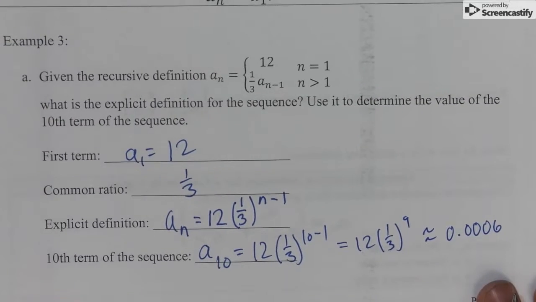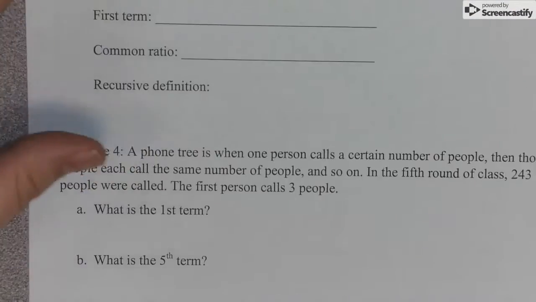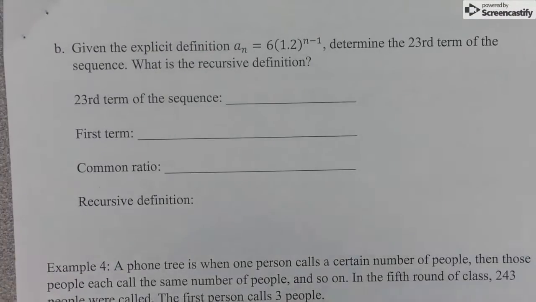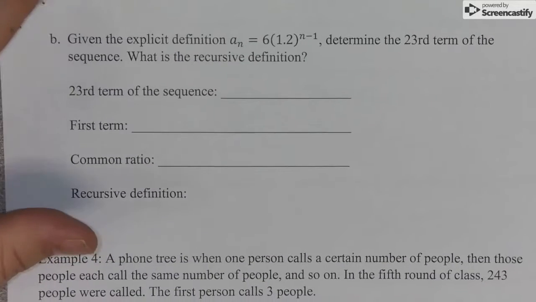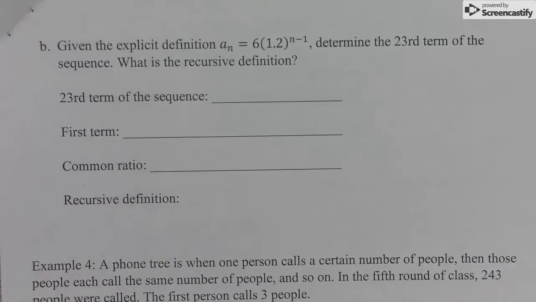Example 3b, on the next page, says, given the explicit definition A sub n equals 6 times 1.2 to the n minus 1, determine the 23rd term of the sequence, and then what's the recursive definition? So they just want us to find the 23rd term.